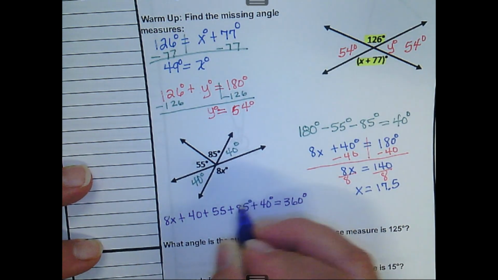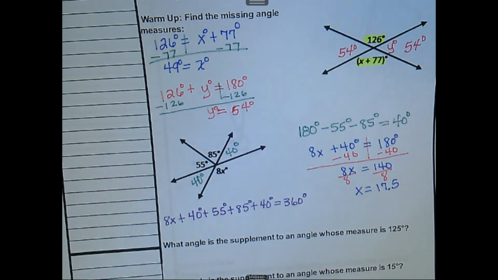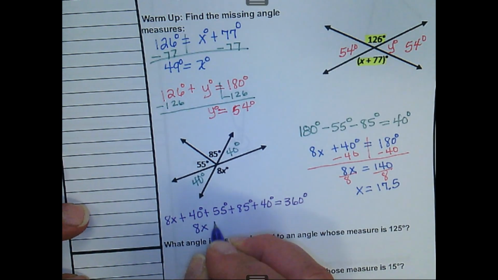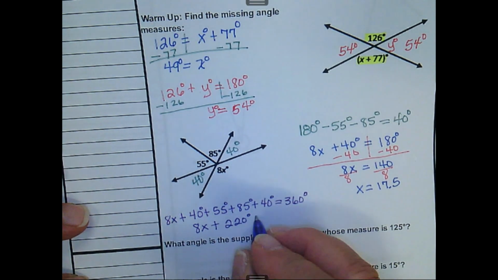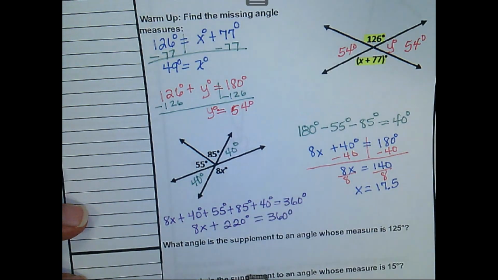These are all degree measures. Okay, when I add all of these together, 8x plus 220 degrees is equal to 360 degrees.